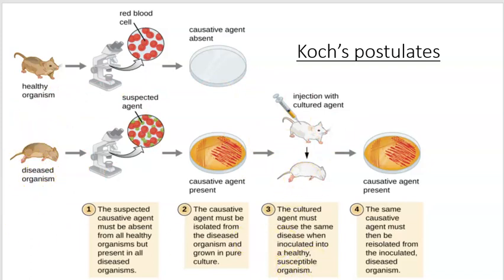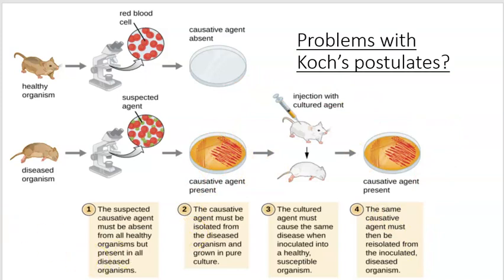But then they took it one step further here and were able to show that it might have been absent in the beginning in the healthy host, but now when we look at that diseased host, we can see that it was able to maintain some presence inside of that healthy host. So you have to re-isolate it and show that what we got here is the same as what we got from that diseased organism over there.